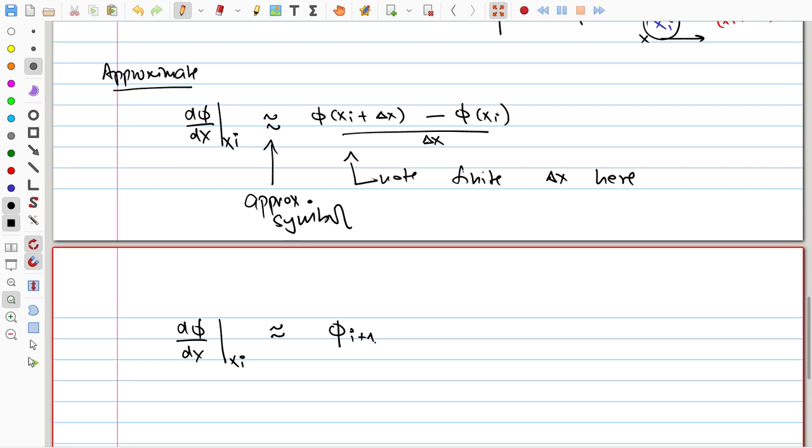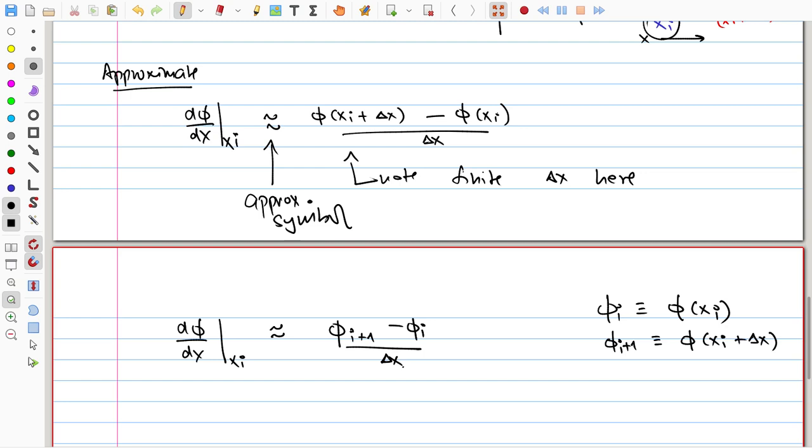So, phi I is the notation for phi at xi, and phi I plus 1 will then be for the next xi value, which is after a distance of delta x, just a notation. So, this will help us approximate the value of the derivative at any xi point.